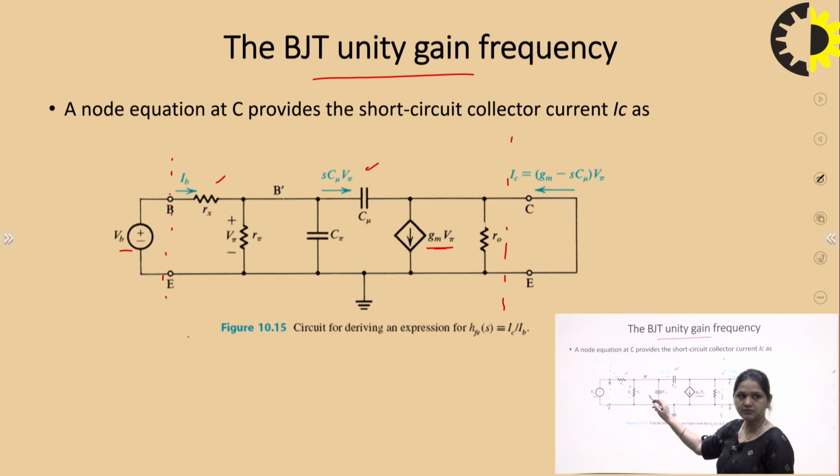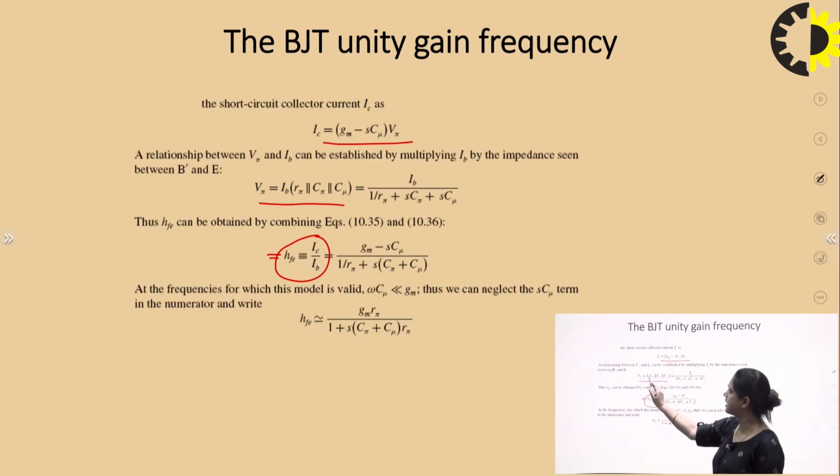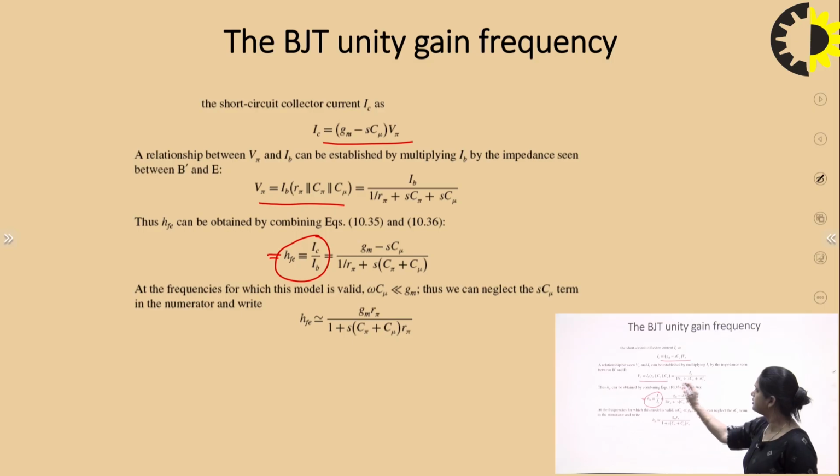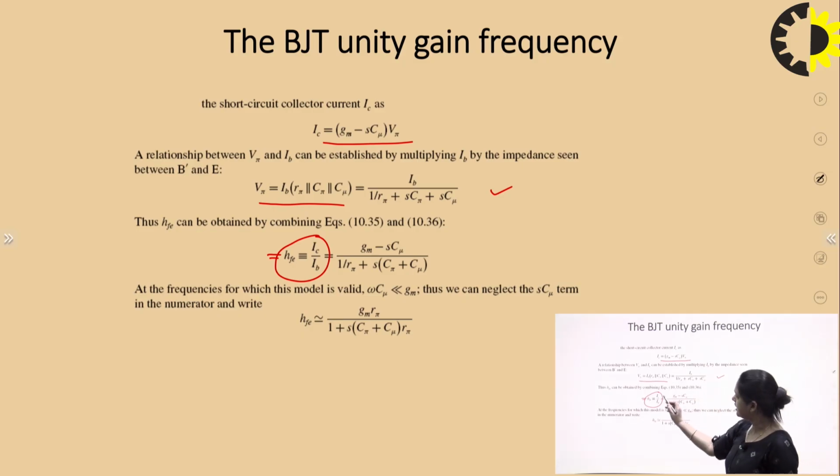If you want to calculate the value of V pi, then IB will be multiplied by the resistance, so I into R will become V pi. If we solve the parallel combination, this value comes out. And when we divide by IB, that will become the current gain. And this is the expression for the current gain.